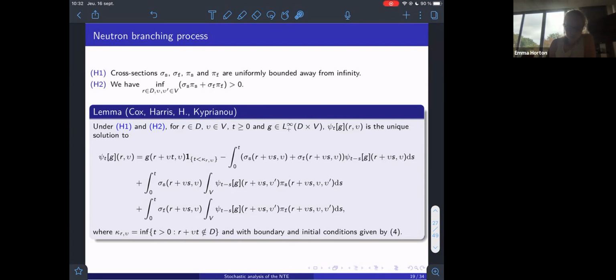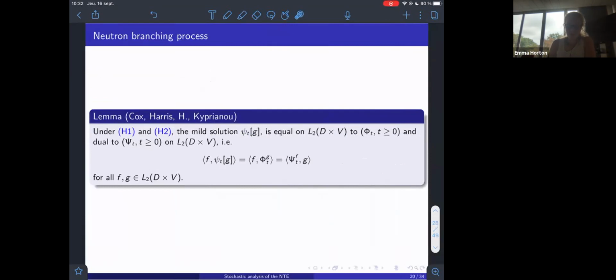But of course, we still want to show that there is a relation between the two. Okay, the equations may look similar, but also different. So what is the link between the two? Under the conditions that I gave on the previous slide, we can show that the mild solution, the expectation semigroup, is equal to the flux on L2.